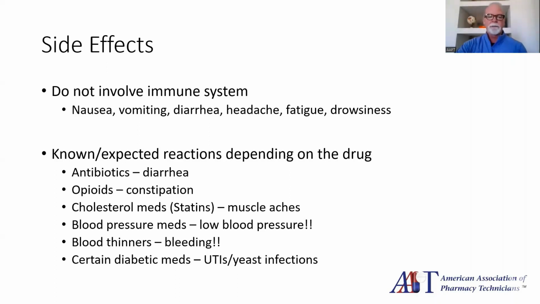And this is because antibiotics not only kill the infecting bacteria, but they can also kill normal flora of the GI tract, which could cause diarrhea. Opioids very commonly cause constipation. Cholesterol medications, statin drugs, commonly cause muscle aches.